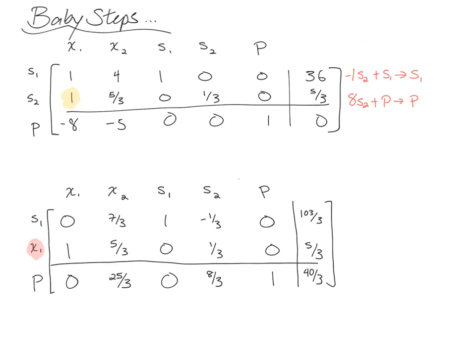Okay, fine. Take a look at what happened here. We had an entering variable of x sub 1 where that pivot was. The entering variable will always be above the pivot. The exiting variable will always be to the left of the pivot. So here we are, s sub 2.